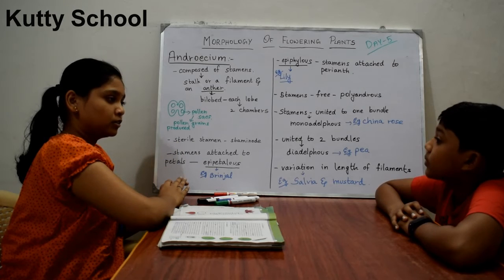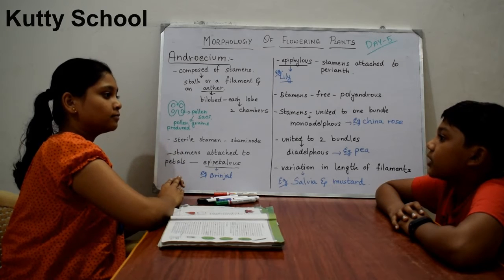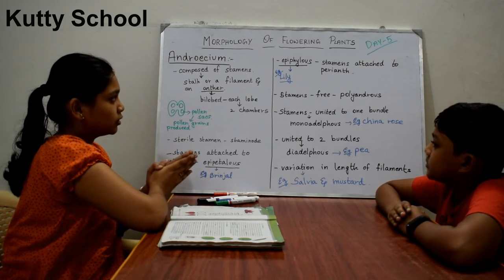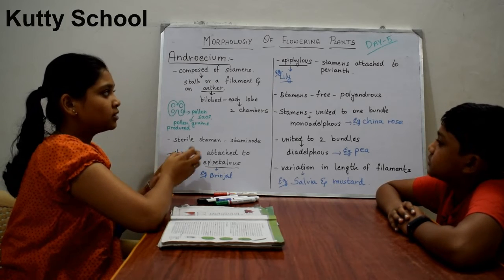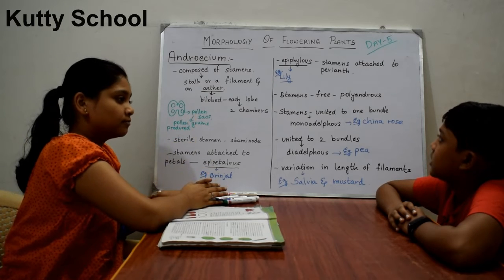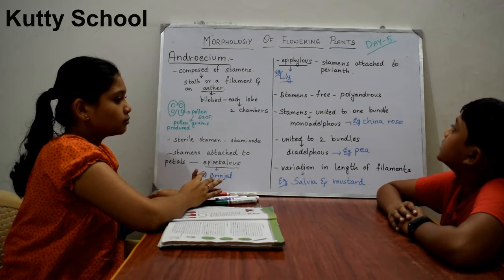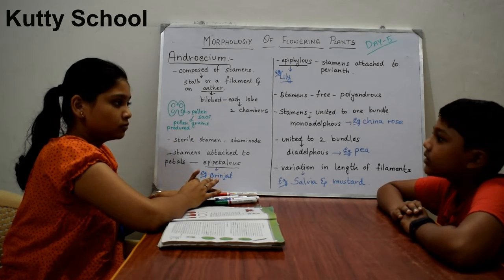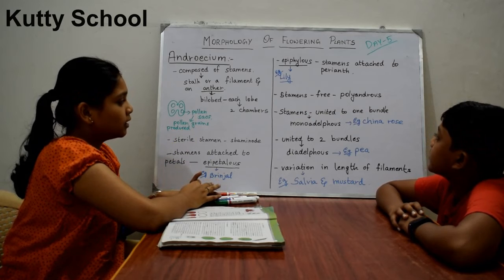Perianth we have discussed. What is perianth? Calyx and corolla, both sepals and petals, fused, it is known as perianth. So when the stamens are attached to the perianth, it is known as epiphyllous. Here the example is lily.